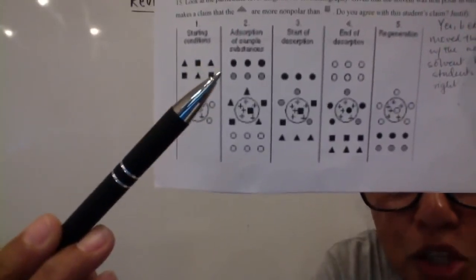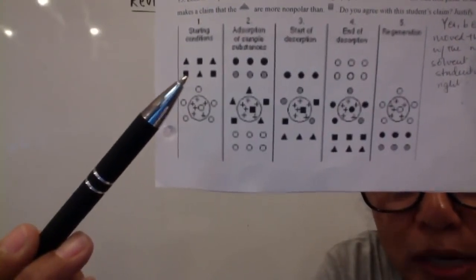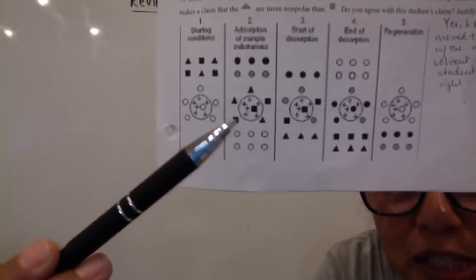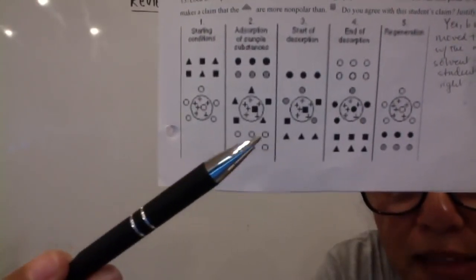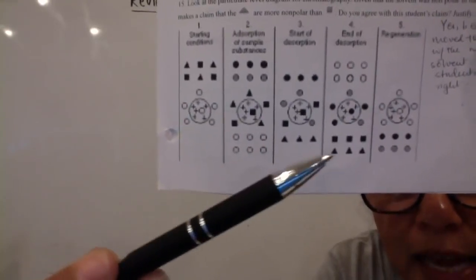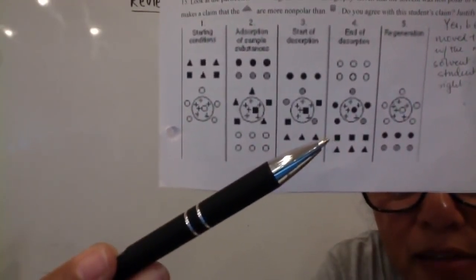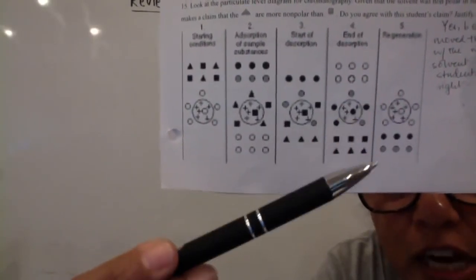This one here is showing you the mixture. You have triangles and squares in your mixture. This is just the solvent that is charging it coming out. Then you see the triangles come out first, and then the rectangles. After that, it is recharging or cleaning out the column.